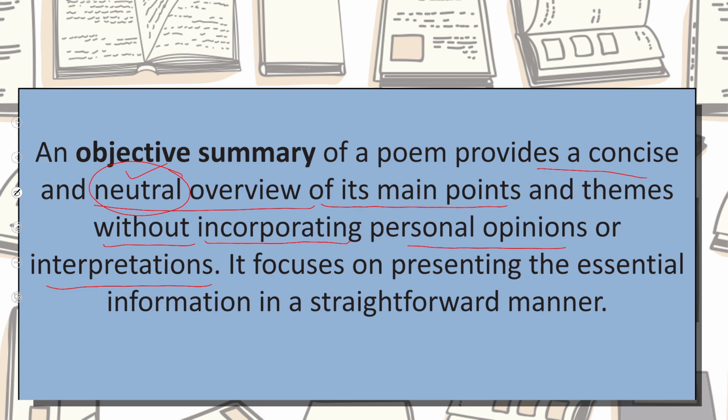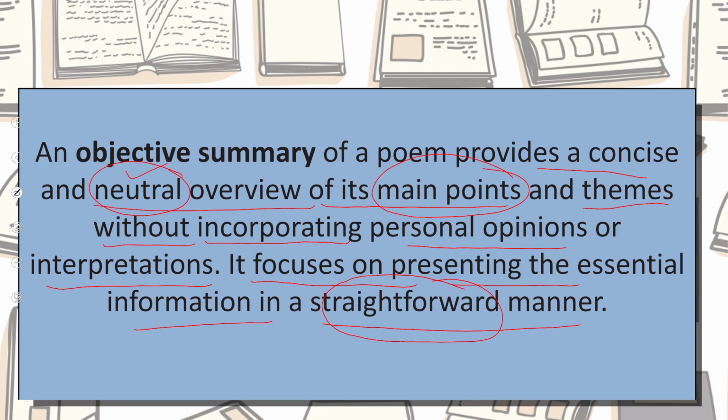We are just going to write the overview of the main points, the main headings, the key points that we find in the text, which are very important. We are also going to talk about the theme of the whole text and what it is talking about. We are going to focus on presenting the essential information in a straightforward manner.